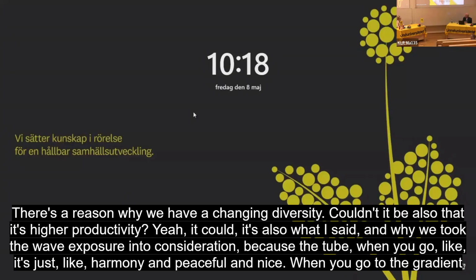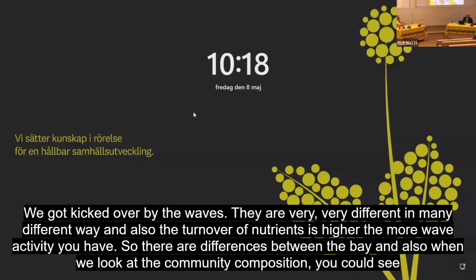Yeah, it could. That is also what I said, and why we took the wave exposure into consideration. Because the heated bay, when you go there, it's just like harmony and peaceful and nice. When you go to the gradient, we got kicked over by the waves. They are very different in many ways, and also the turnover of nutrients is higher the more wave activity you have.